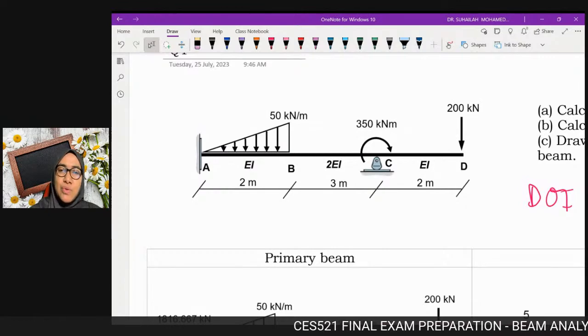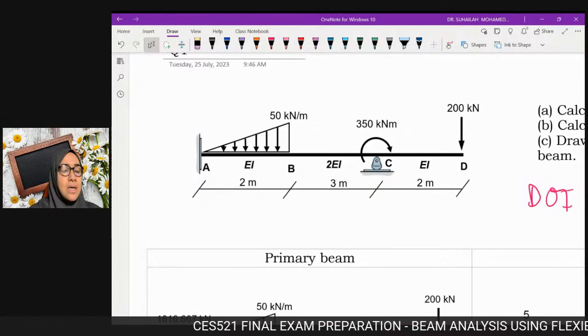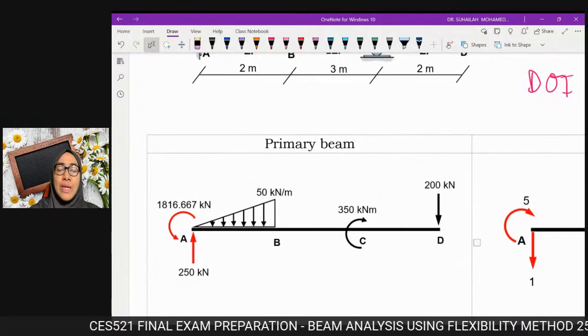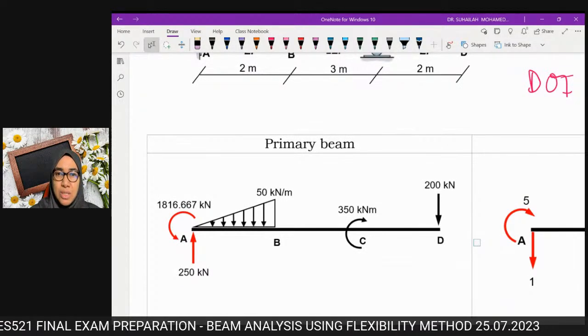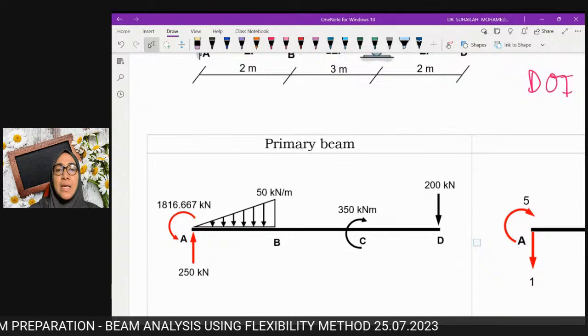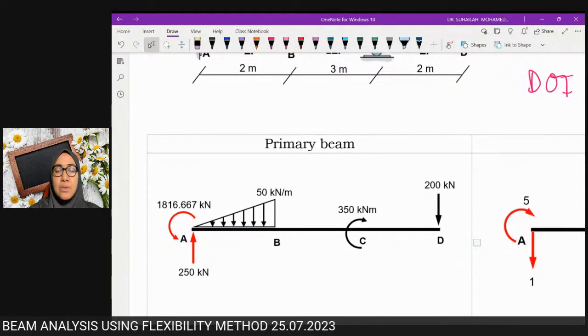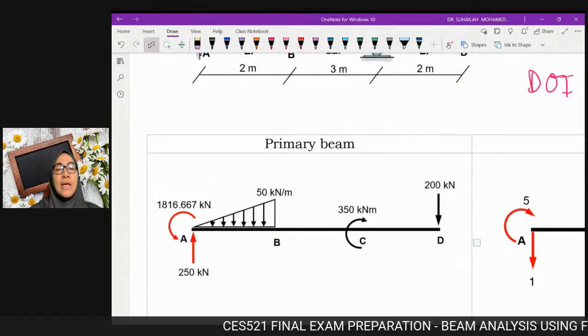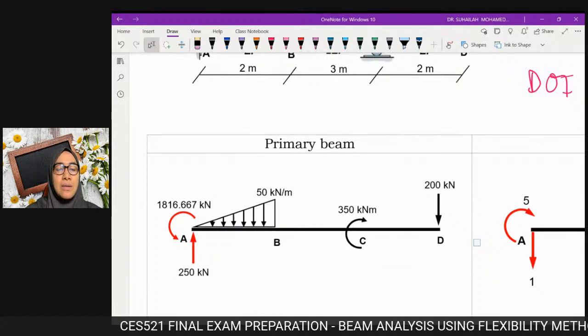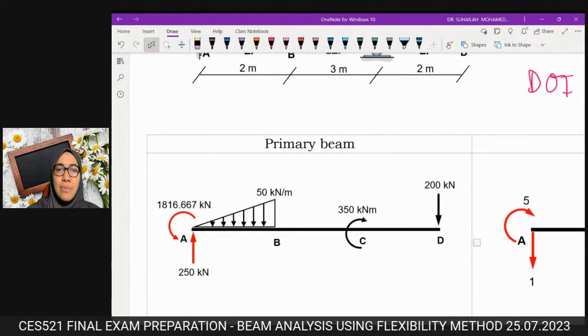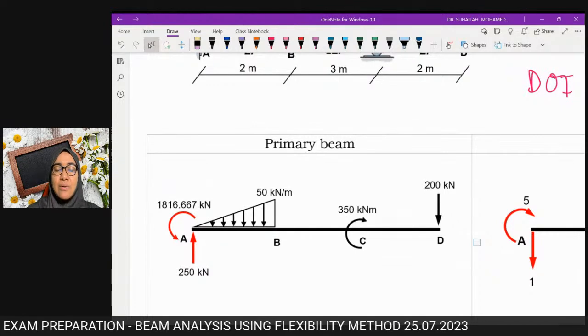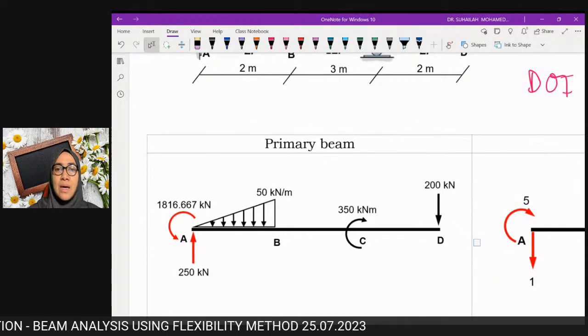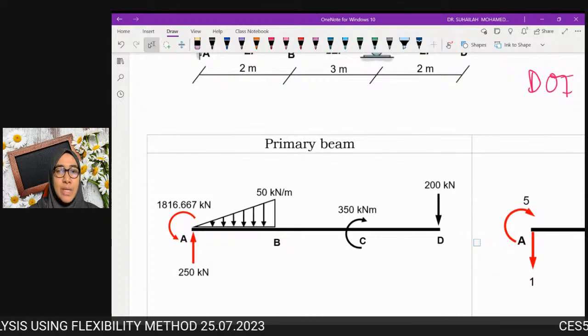Once we choose the redundant, we have to remove it, and the beam changes from indeterminate to determinate, so it is called the primary beam. In the primary beam, we have to calculate the reactions at the support, and we also need to write the moment equation.